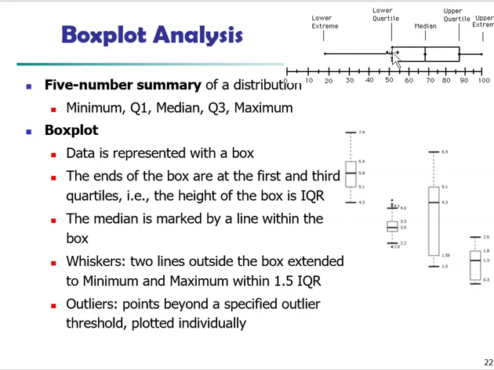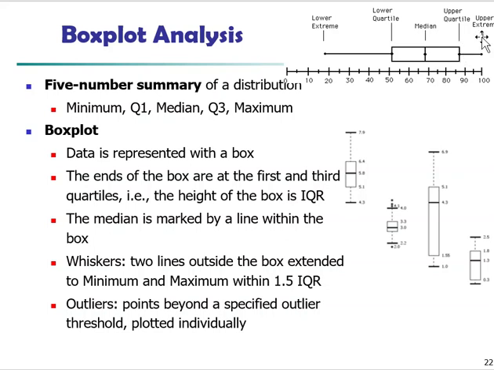This from Q1 to Q2 again covers a quarter of all the observations. And then from Q2, the other end of the box is Q3. And this again covers a quarter of all the observations.